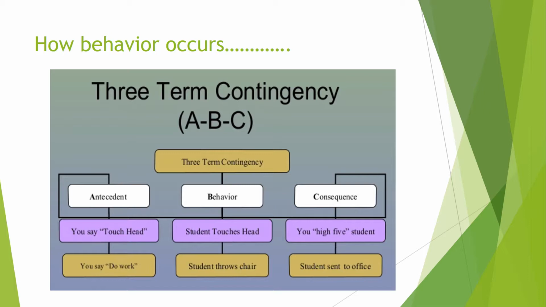So here's a nice visual that outlines that three-term contingency. And you can see, given the two examples, two different ways that the ABC data could be collected in two different occurring situations.